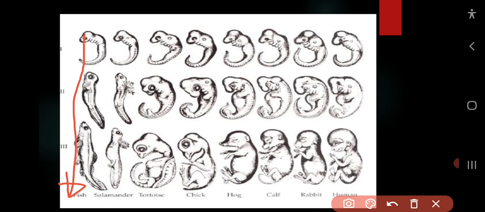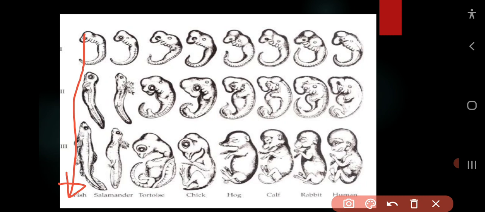Phylogeny is the evolutionary history of an organism, how it evolved from its ancestors. He proposed that we came from a common ancestor, and so as we develop from the egg, we repeat the same stages that we went through while we were evolving. That was his statement.